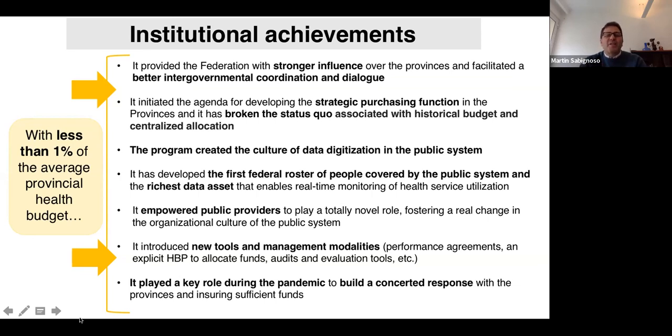It has initiated the agenda for developing the strategic purchasing function. The RBF or PBF is not a perfect payment mechanism. Today, all health systems are trying to combine and create blended payment mechanisms, because every payment mechanism has advantages and some limitations. Then we have to distinguish between inherent limitations and limitations associated with how well it was designed or how well it was implemented.